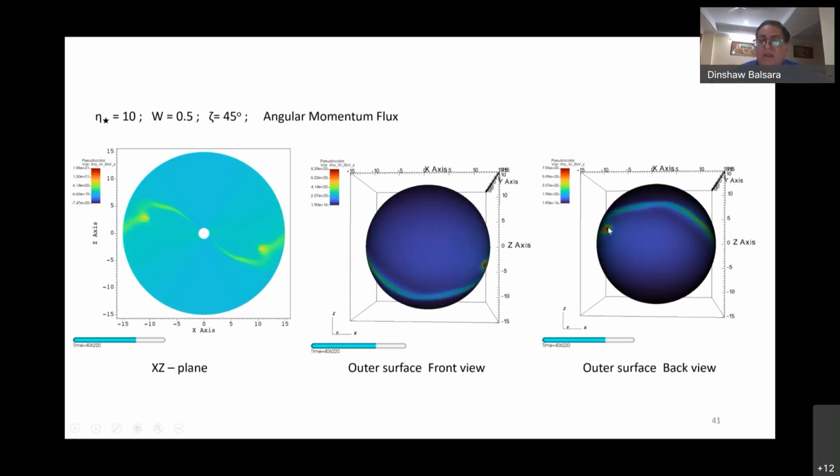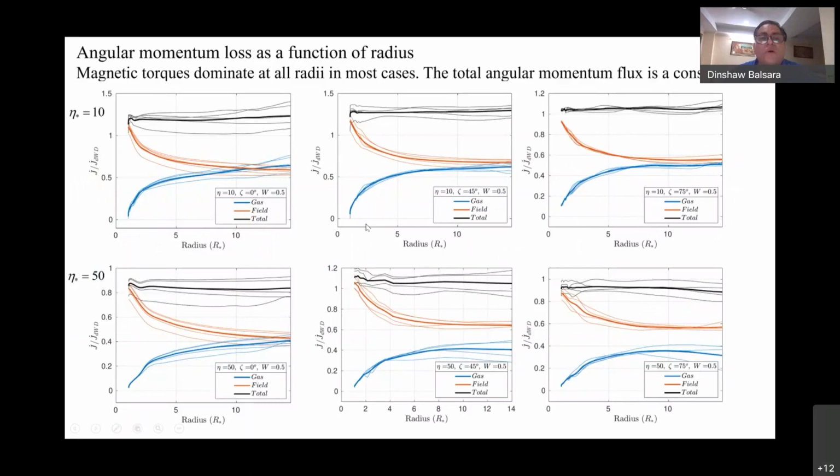But let me now quantify this for you exactly as I told Arun I would. So this black line shows you the averaged run of total angular momentum as a function of radius. The red line shows you the run of magnetic angular momentum flux as a function of radius.